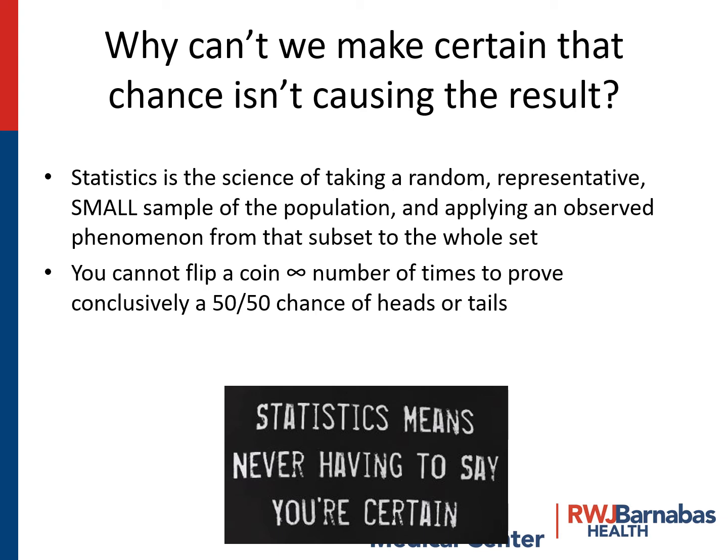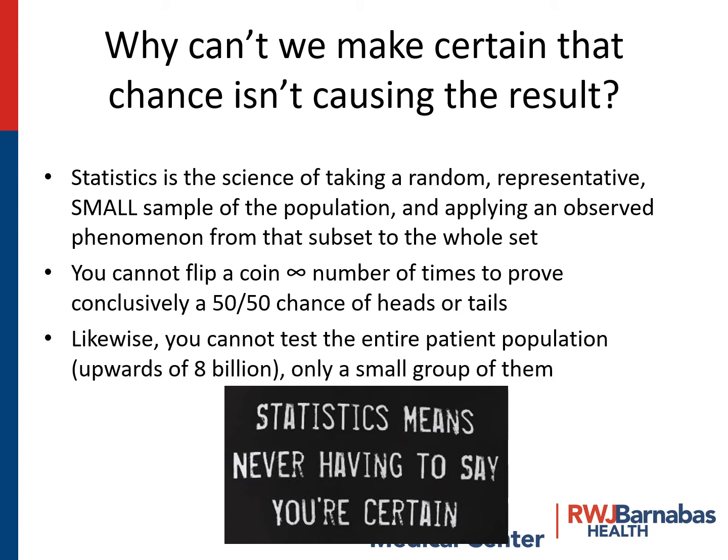You can't flip a coin an infinite number of times to prove conclusively that it's a 50-50 chance of heads or tails. So you can't prove a coin is fair. You can only flip it 100 times and say that's good enough. It probably is fair. Likewise, you can't test the entire population of the planet, only a small group of them.